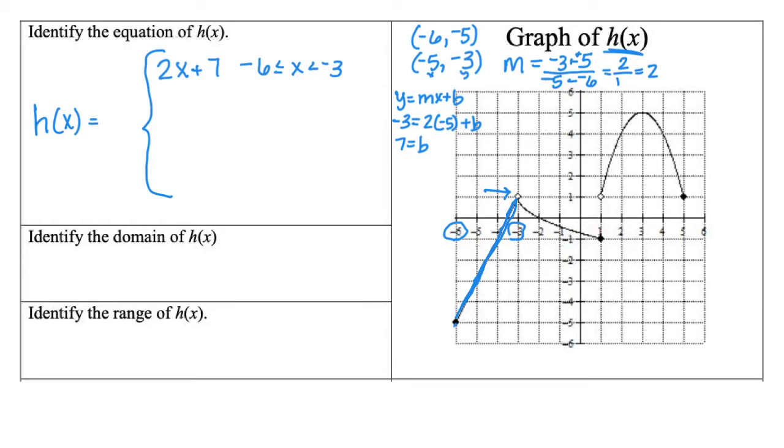Let's change colors on it so we can see it a little bit better. Let's make it red. So we're going to find that equation now. And that sure does look like a square root function. It looks like it's been moved, and it's been reflected.